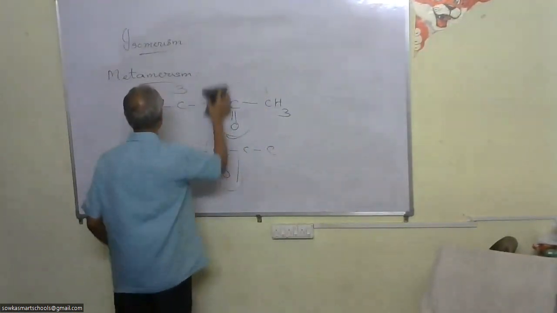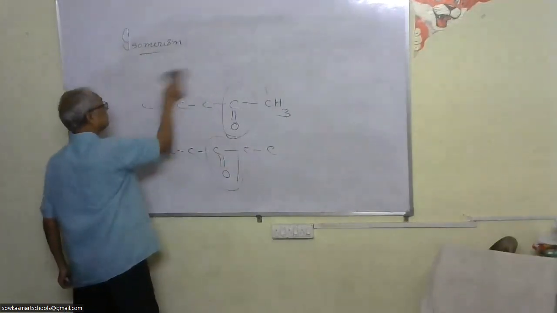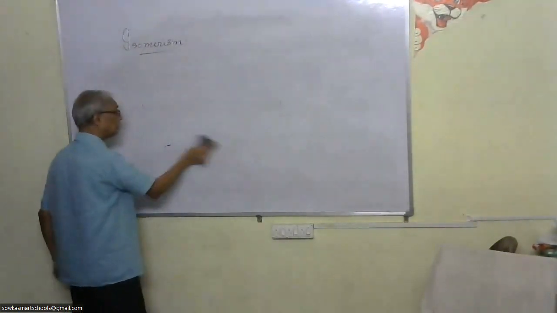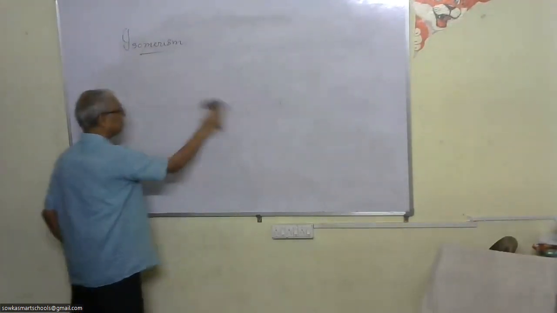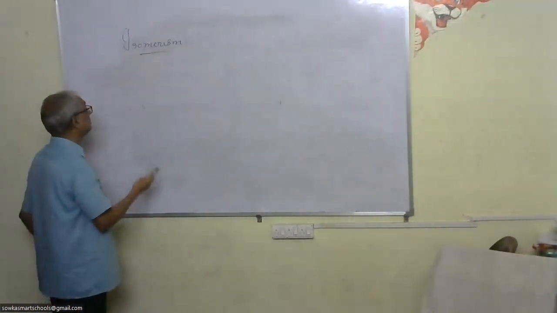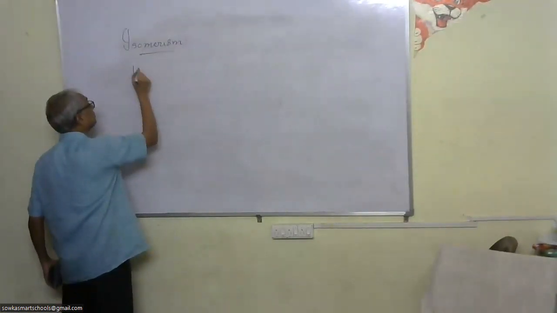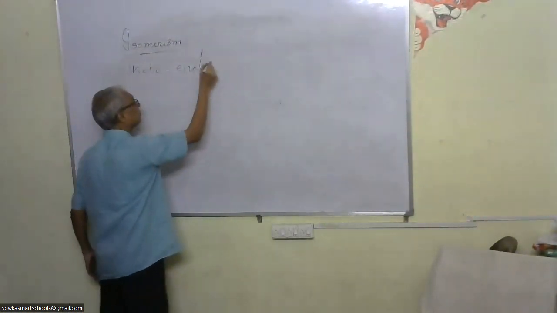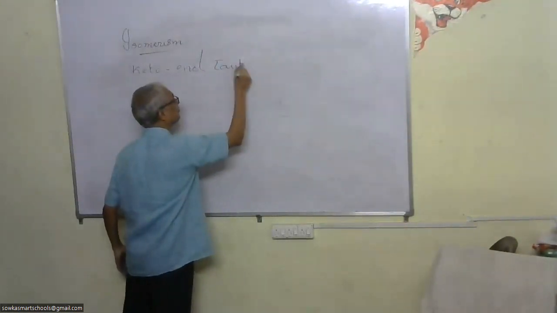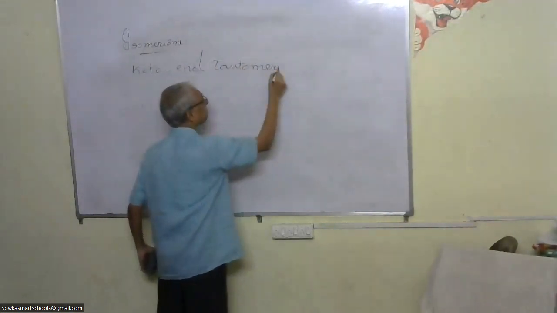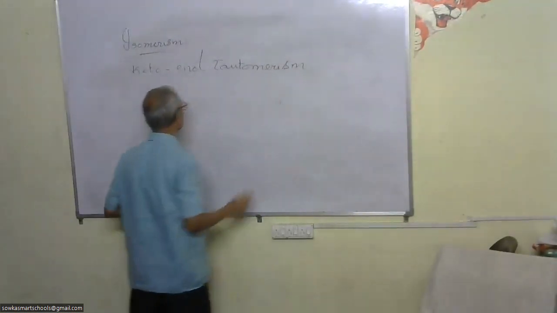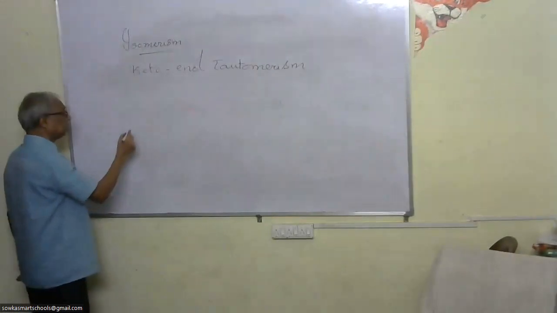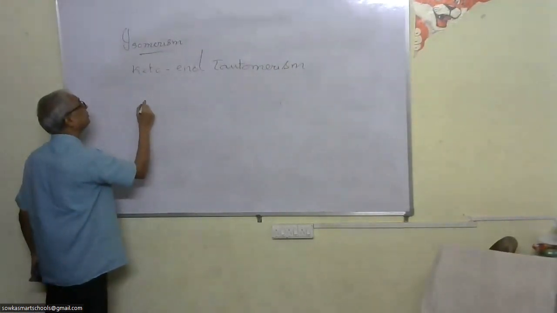And another important isomerism in carbonyl compounds is keto-enol tautomerism, a very famous isomerism. I will give you an example.